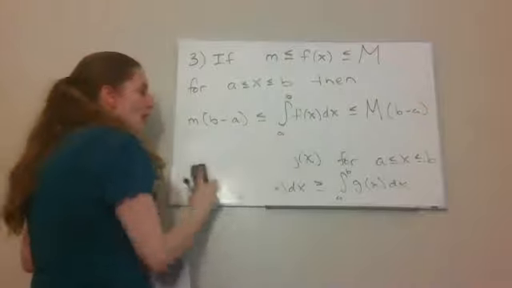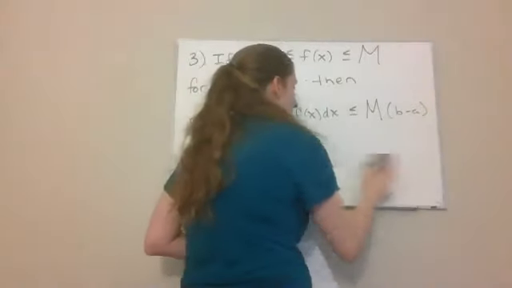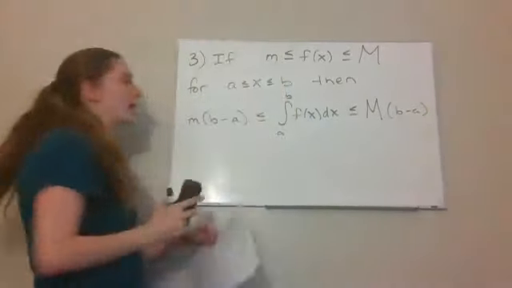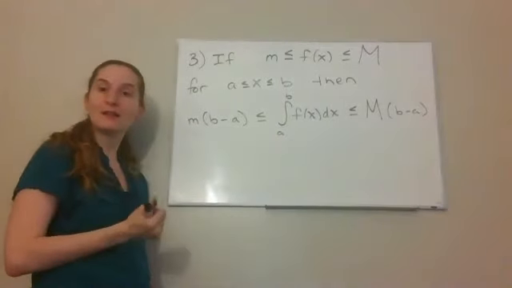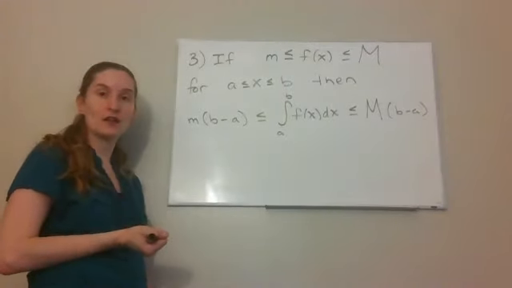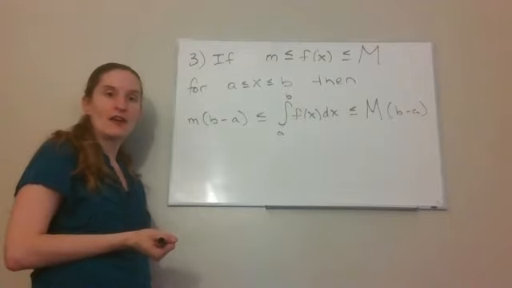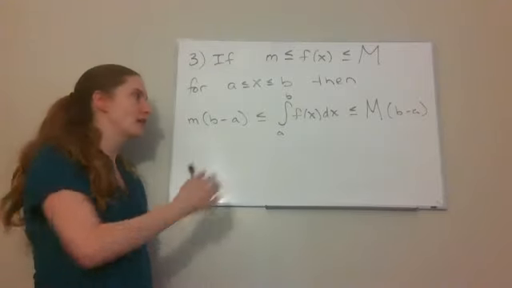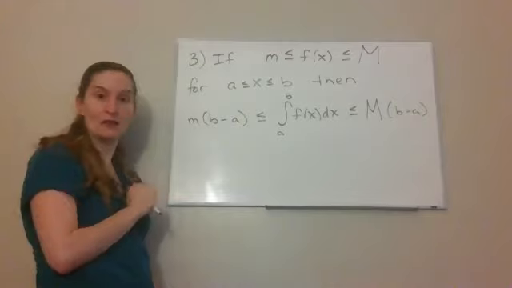So this last property is saying, if you happen to know the minimum value of your function and the maximum value for your function on a particular interval, then you can estimate this integral by knowing it's in between these two values here.